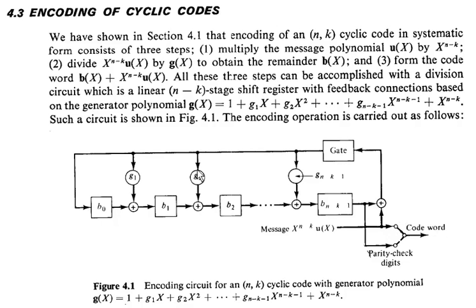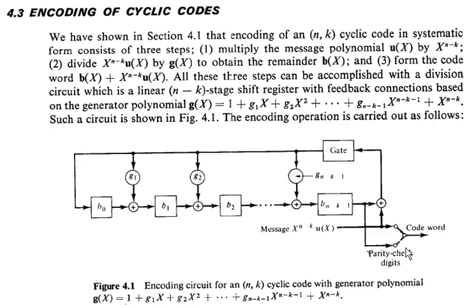As soon as it gets the message, this feedback circuit calculates the remainder by dividing x raised to n minus k u of x by g of x. After further shifts, we get this b of x from the register, and that b of x and the message signal are sent to the communication channel.